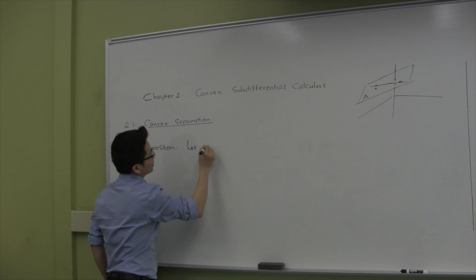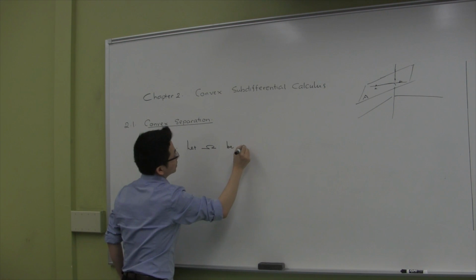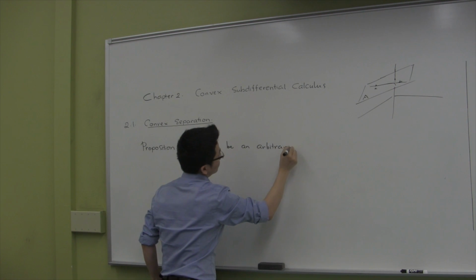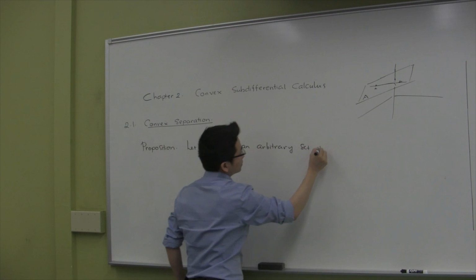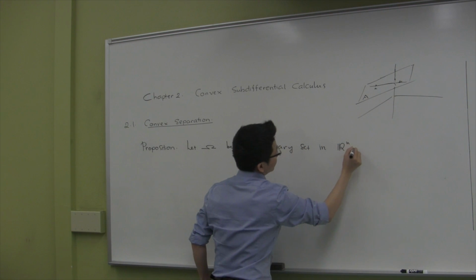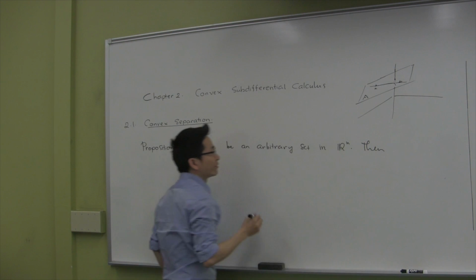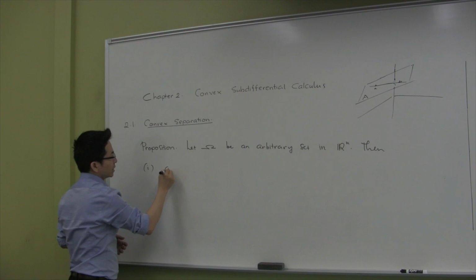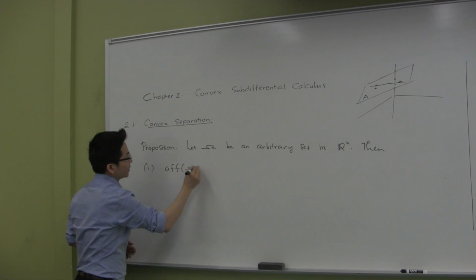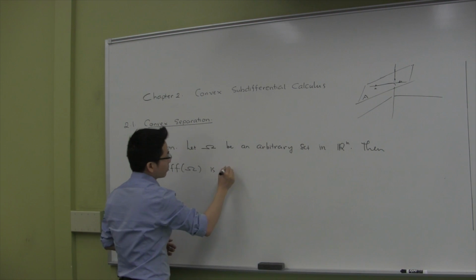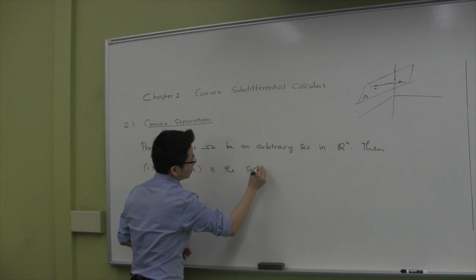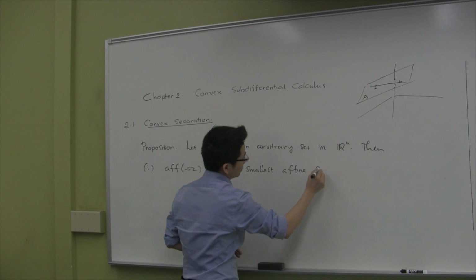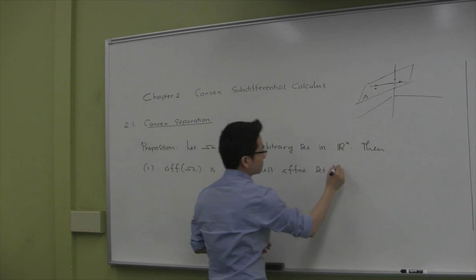Let omega be an arbitrary set in Rn. Then we have the following. The affine set generated by omega is the smallest affine set that contains omega.